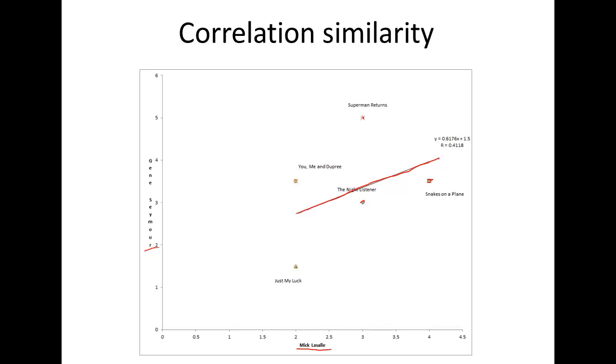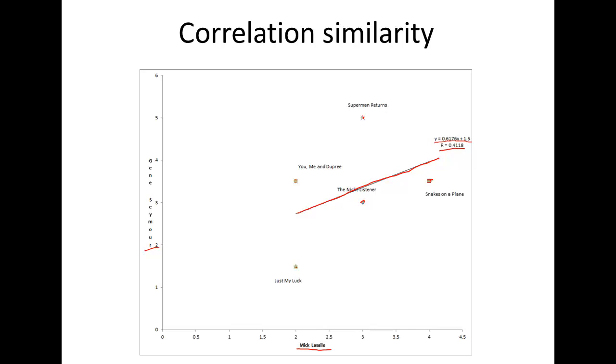You can see that this line describes that the higher the grade Mick Lasalle has given to a movie, the higher it has also been for Gene Seymour. So they're kind of moving a little bit together, not very well. We can see that R here is 41%, the correlation coefficient, and this is the line that was produced.